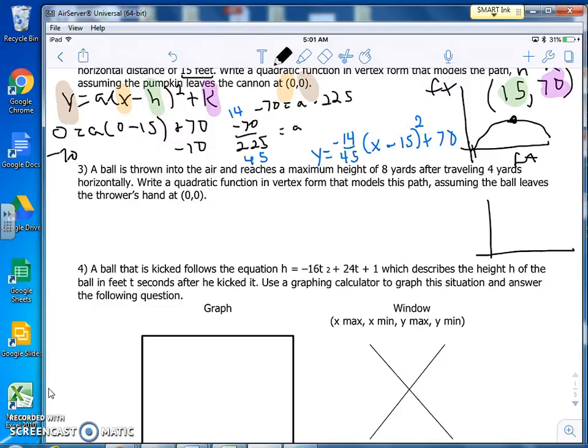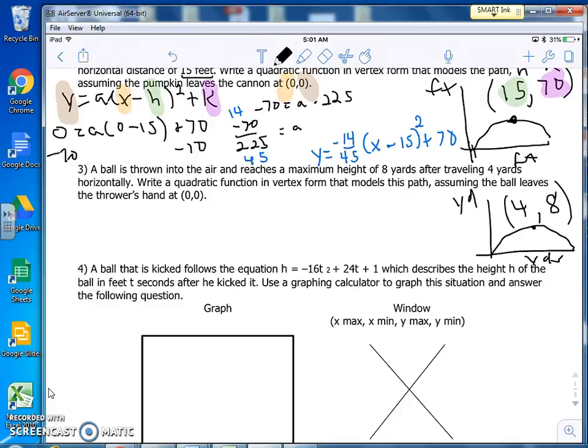And we're in yards, but that's still a distance, so the model that we draw is going to be the model of what you'd see if you were looking at it. It says a maximum height of 8. Height is a y value. After traveling 4 yards horizontally, horizontal is an x value.